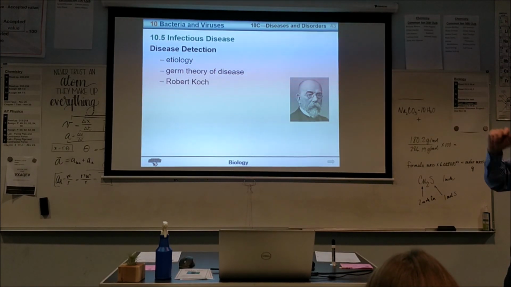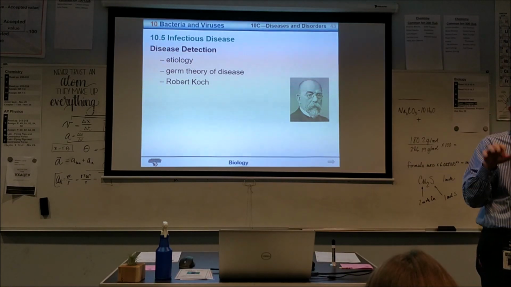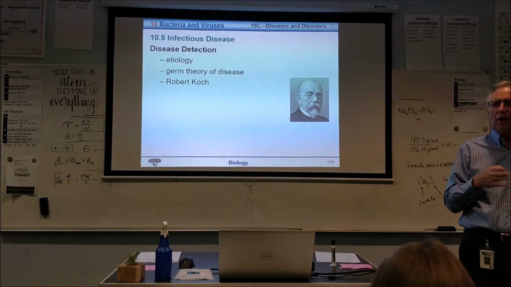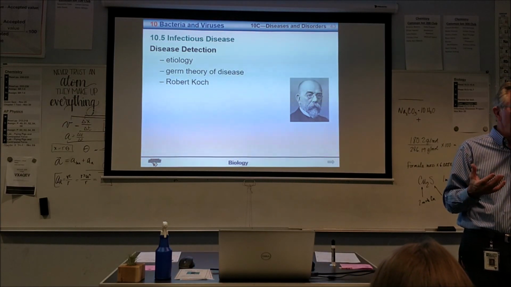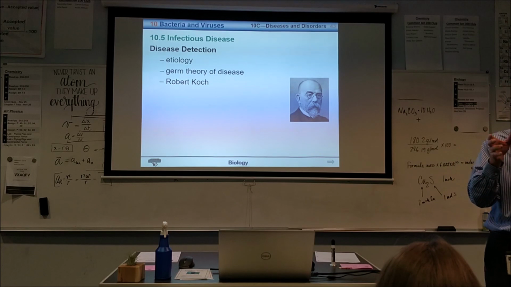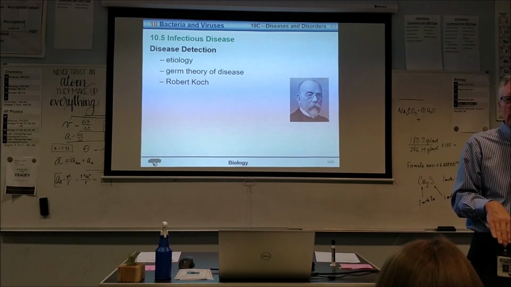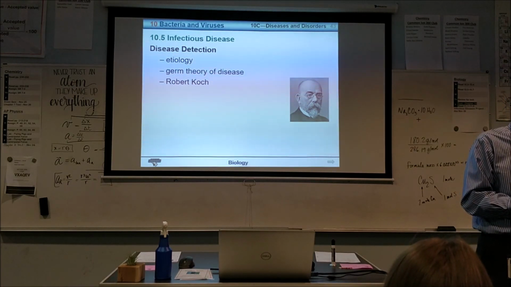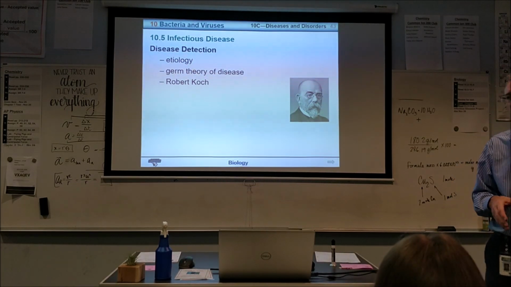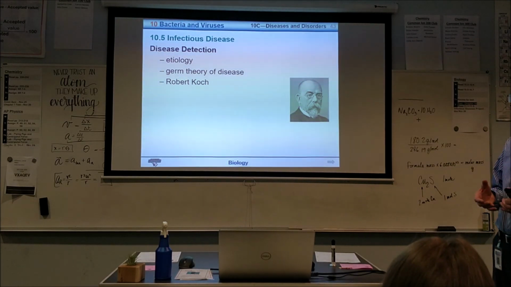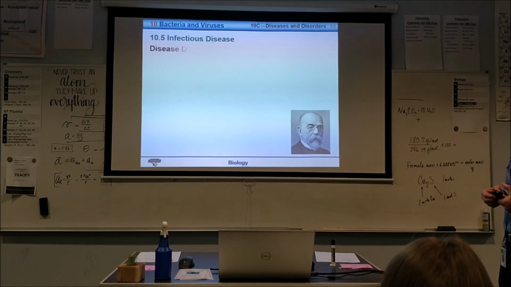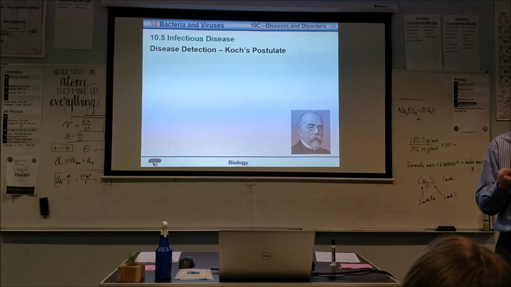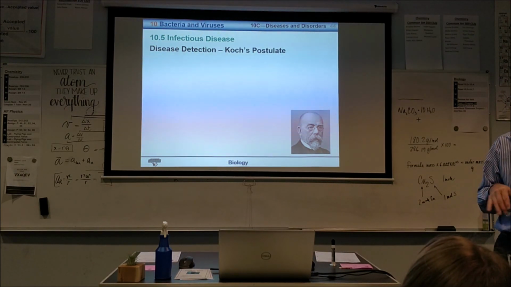But he's the guy that came up with a method that we still use today in figuring out what causes a disease, especially when we run into something new and we have gone through all the possibilities that could have caused it, and we find out it's not any of those. Well, now we have to figure out what's the new organism that's causing this. It doesn't mean that it's a new organism that we've never seen before, but we didn't realize there is a kind of that organism that can cause this.